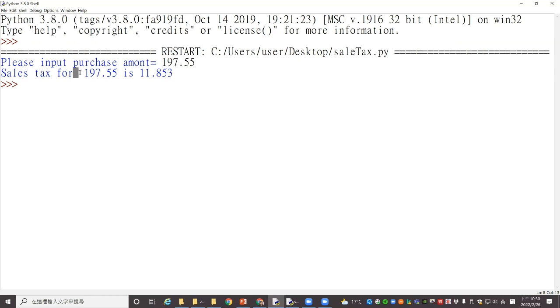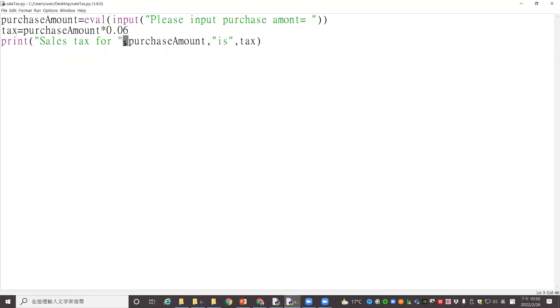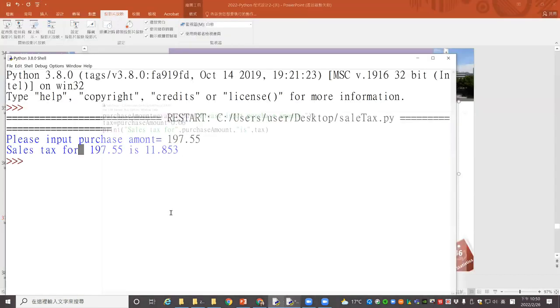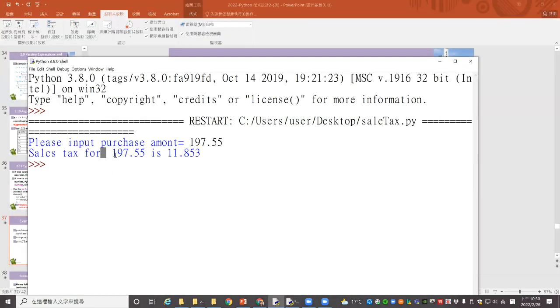So remember, I will delete this part. Do you know what I mean? It means it's a space, it's also a space. So I will delete one. Use this comma for spaces. And then for 197.55, this is your tax.